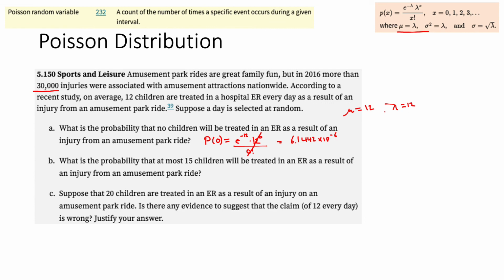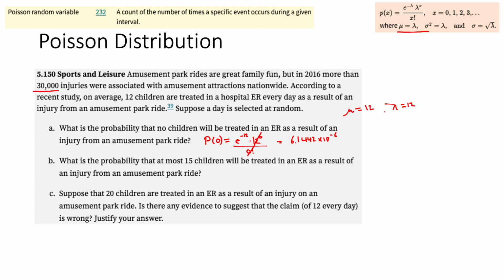B, what is the probability that at most 15 children will be treated in an ER as a result of an injury from an amusement park ride? Now, this is a question that we can do by hand. We could calculate 0, 1, 2, all the way through to 15, and sum them up, and that would be a lot of work to do.